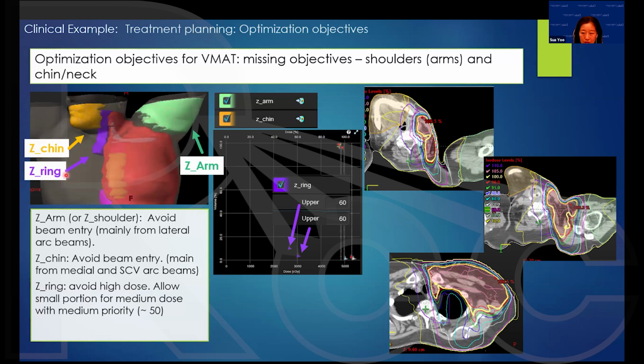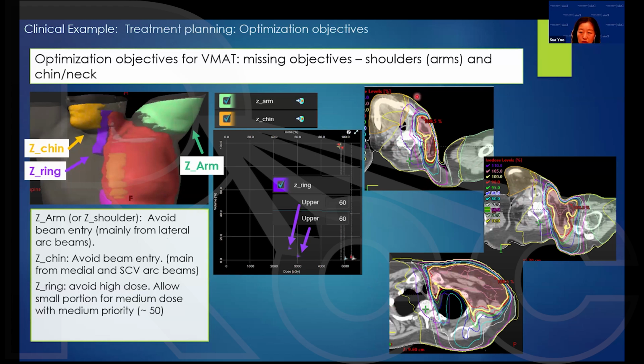Ring, what does this ring do? For the medial side of the supraclavicular target, you put a little bit of margin. This is about 5 millimeter or 1 cm, and it goes about 3 cm. And in this area, what we want to limit is unnecessary dose. It will get some of the dose because dose has to fall off, but maybe about 50% and 40% dose, we can actually limit.